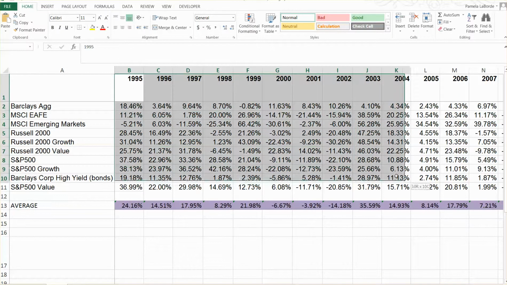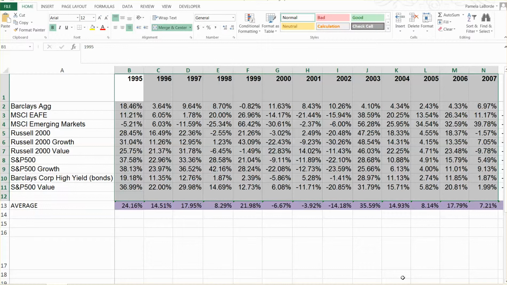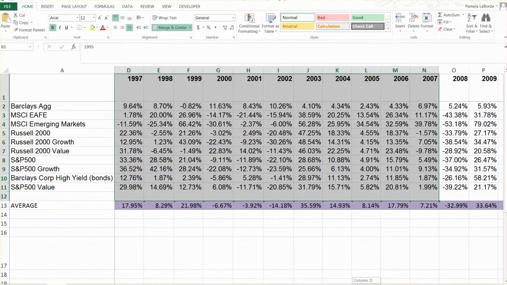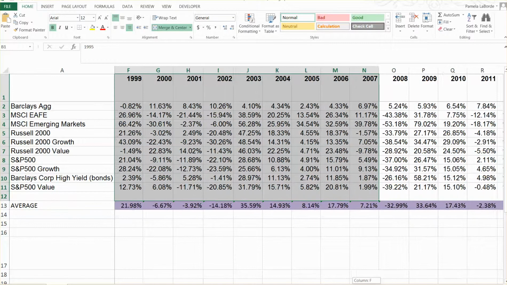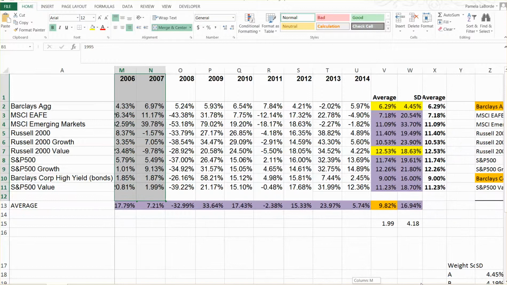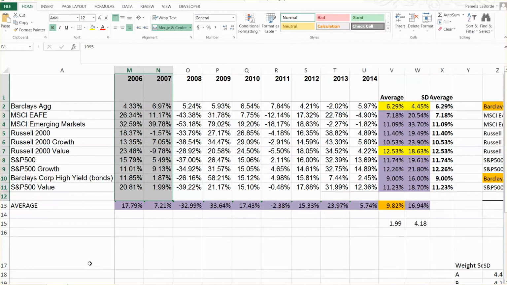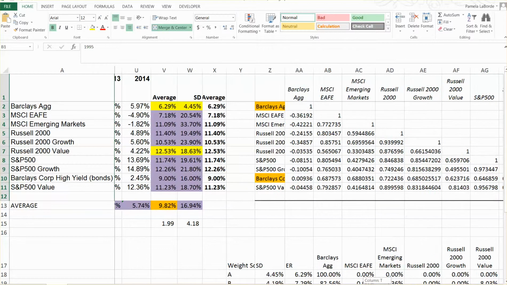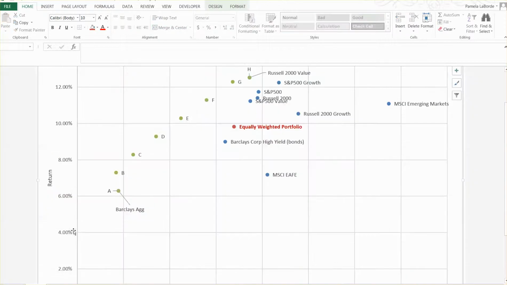These are the returns they actually generated for the past 20 years. I know that this happened, but I can't know what return they definitely will generate for the next 20 years. So I can only estimate, and based on my estimates, decide how to allocate my money across different asset classes so that in the future I will hopefully achieve a dominant point. That's my goal.